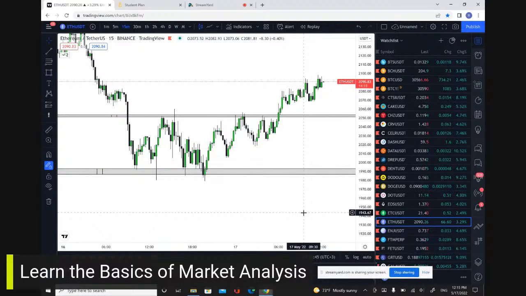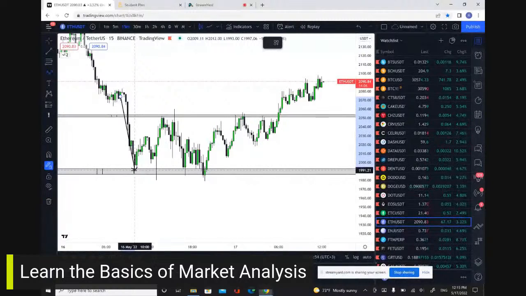Okay, so this is how quickly I can identify a zone. We can see here that Ethereum went down, caught resistance at about $2,000 and ranged here a bit. So what can I see from this is that Ethereum found this level as a resistance level.